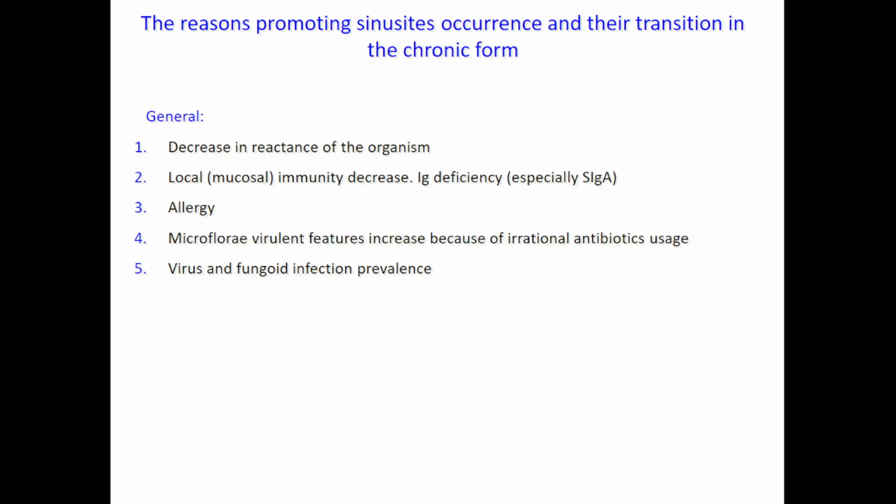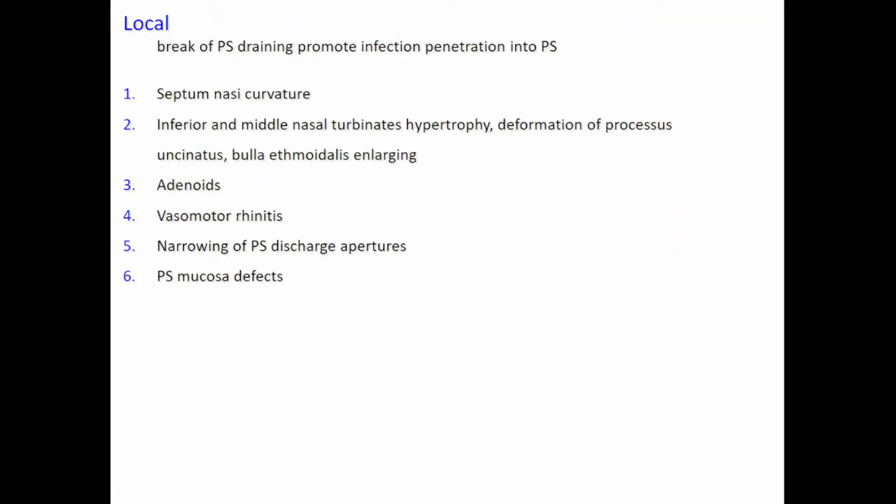So, why may an acute process transform into a chronic process? It may be due to general and local factors.